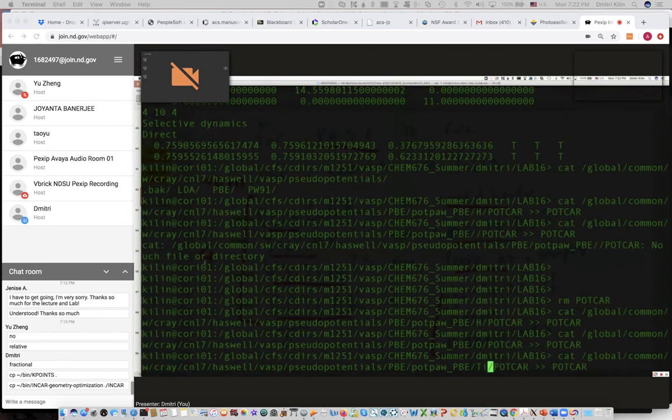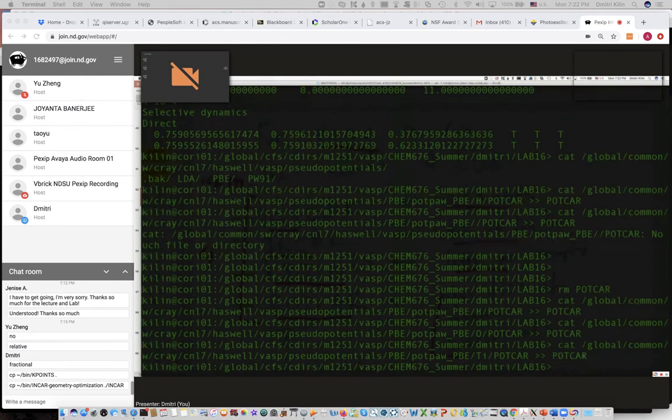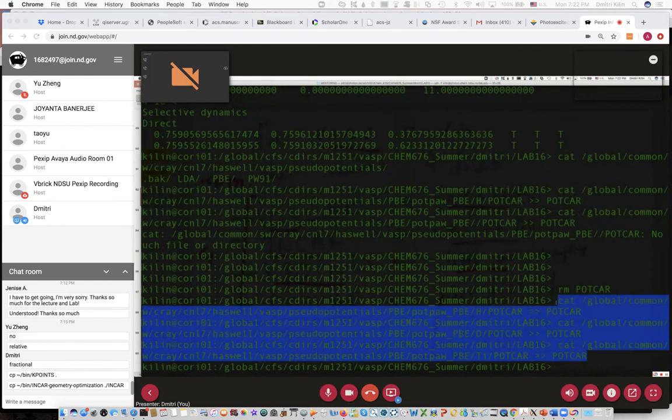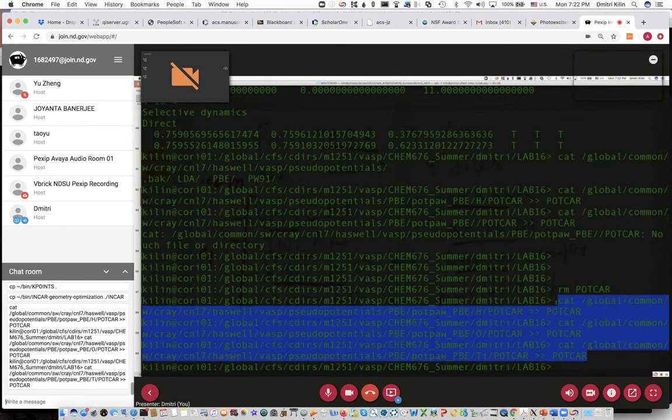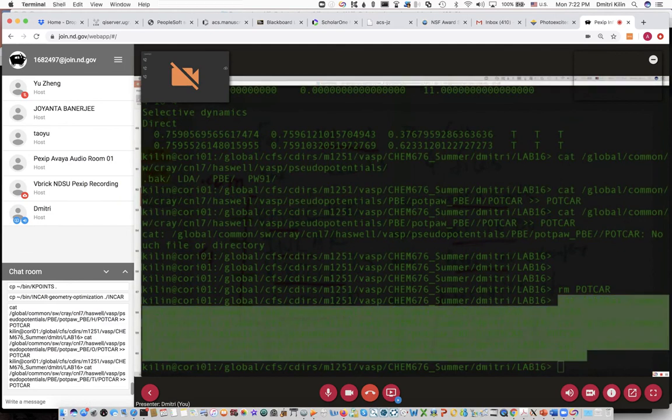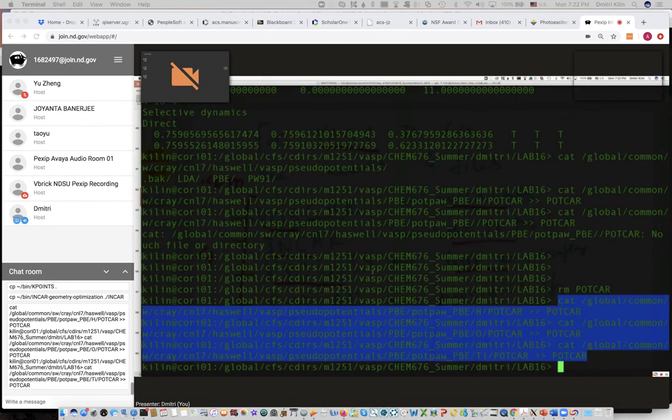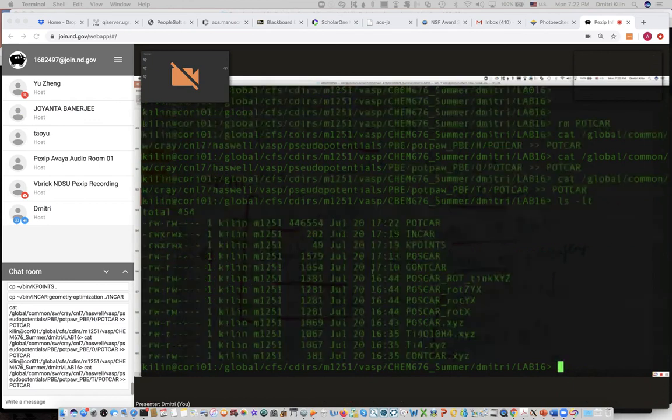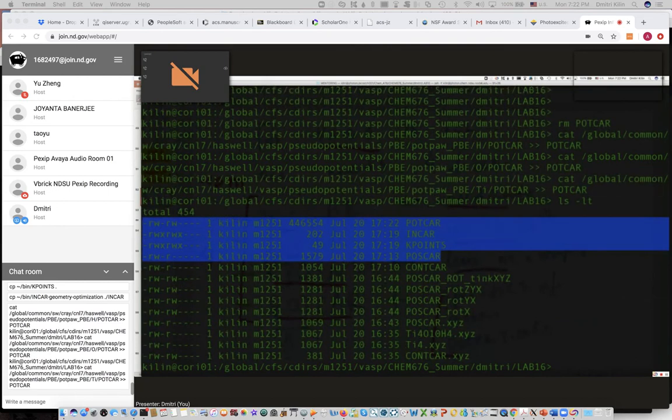I will copy and paste these commands into the chat. After these commands, the last 4 files we have are the 4 files needed to successfully run VASP.